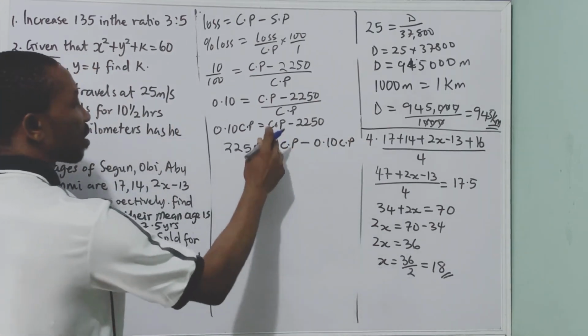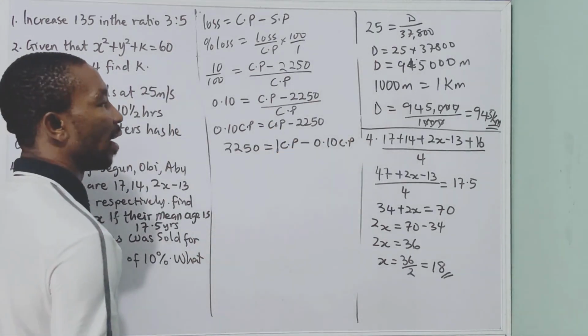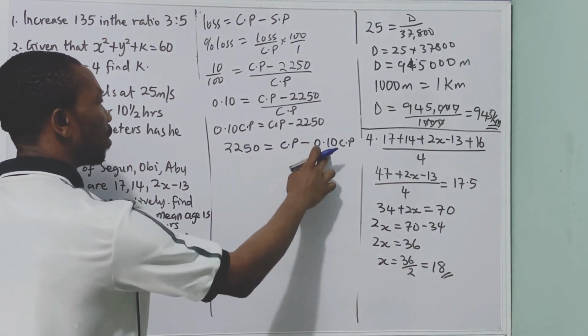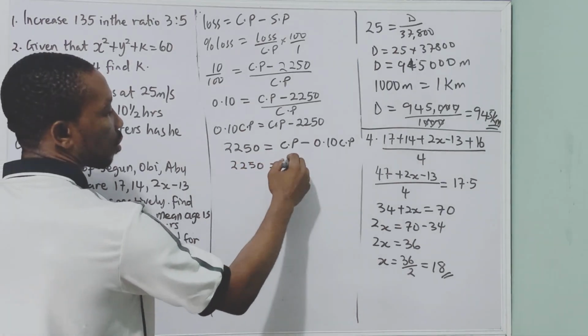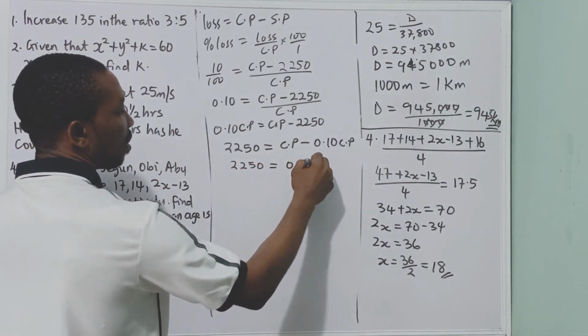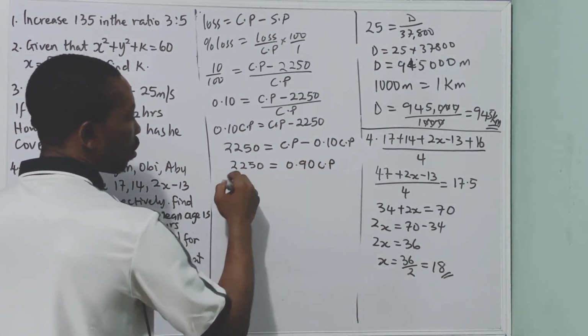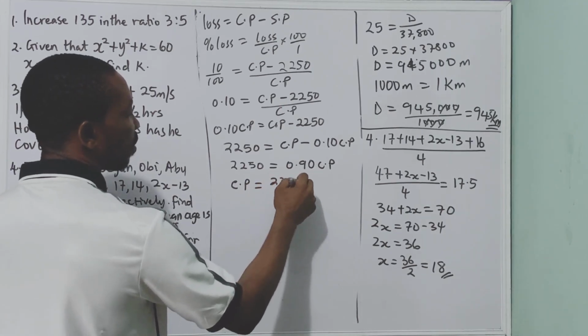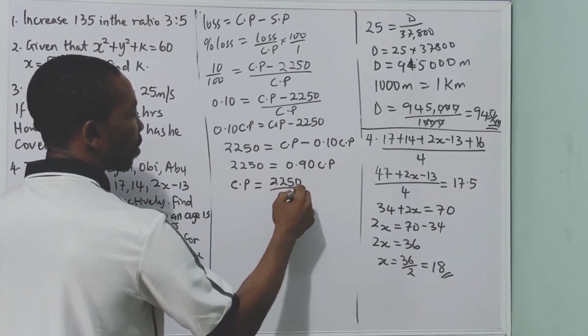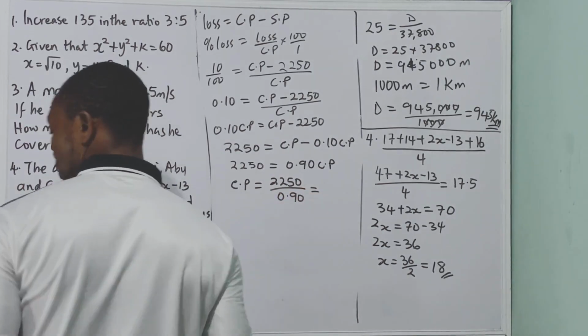Now, there's an invisible one there, okay? So 1 minus this will give us 2250 equals 0.90 cost price. So our cost price will become 2250 divided by 0.90. Okay?